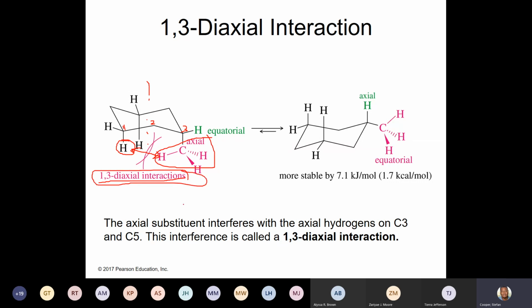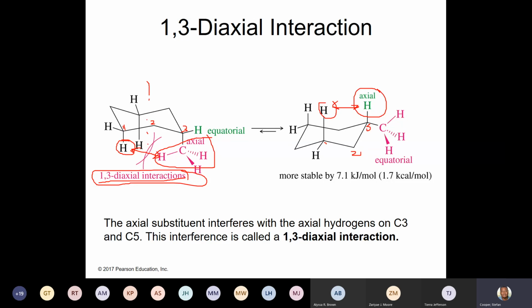So the take-home point is this: 1,3 diaxial interactions, if you have them, are bad. And typically the only atoms that can have them are just between two H's. If I count 1, 2, 3 again, this H and this H are also axial, so that's also a 1,3 diaxial interaction.